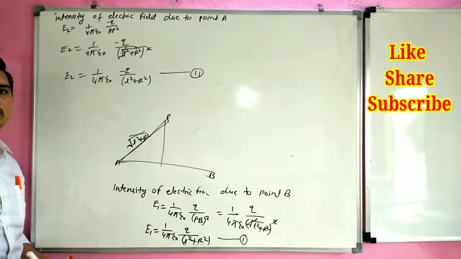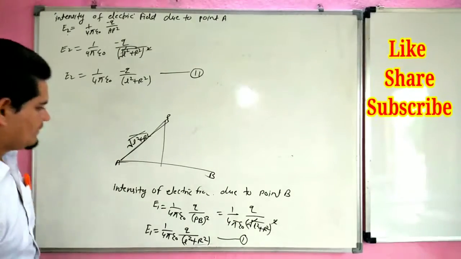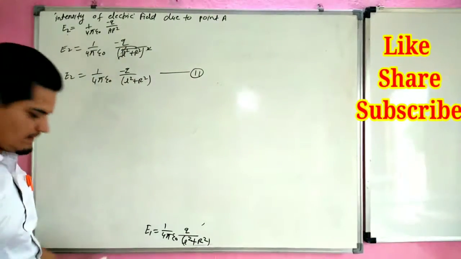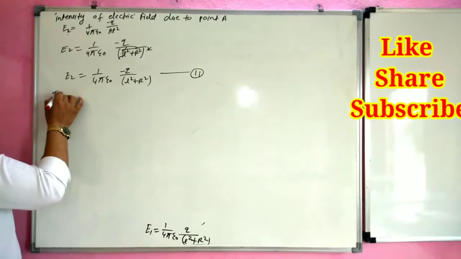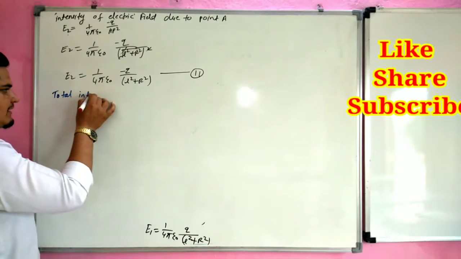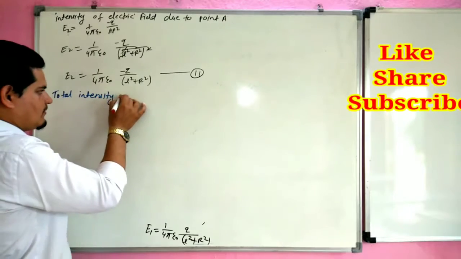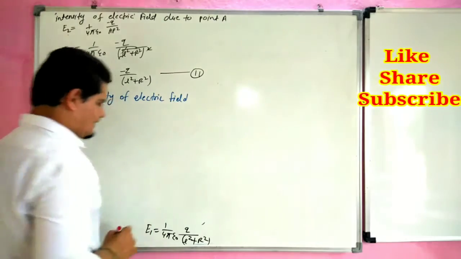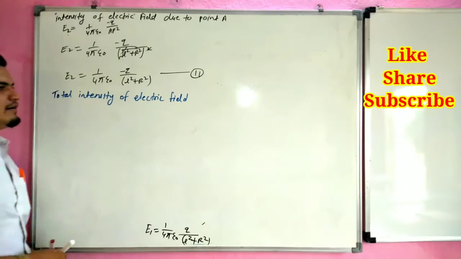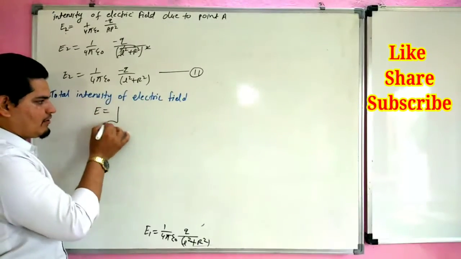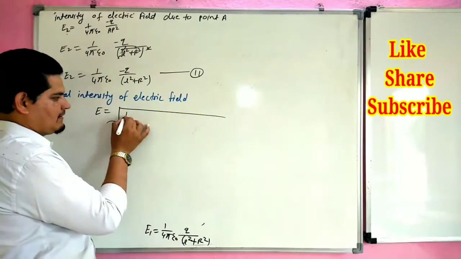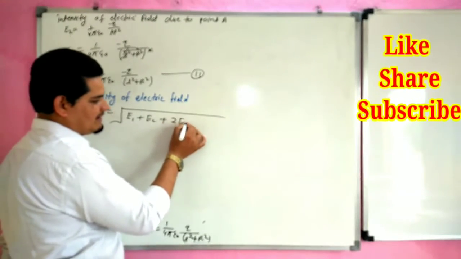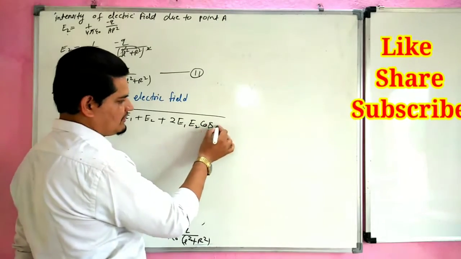Now we have to calculate the total intensity of electric field. Total intensity is calculated by the formula under root E1 square plus E2 square plus 2 E1 E2 cos theta.